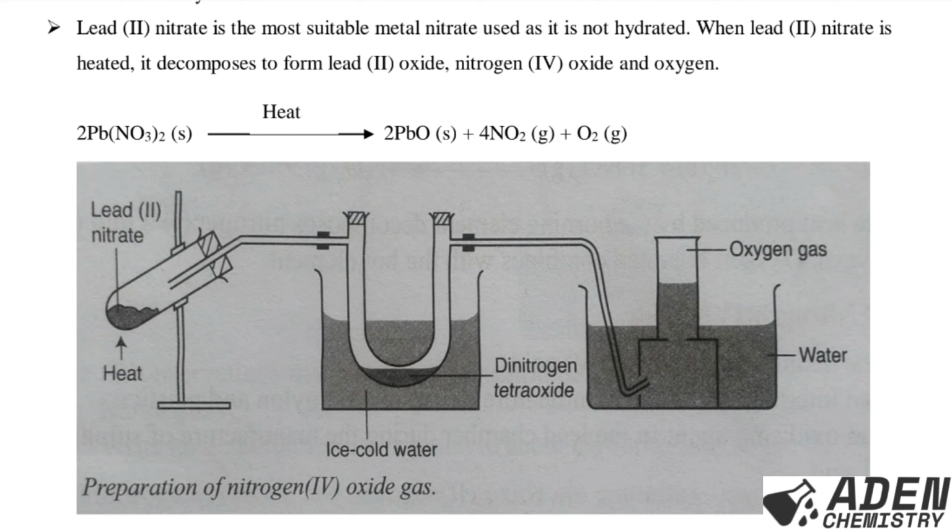When the mixture of nitrogen peroxide gas and oxygen gas passes through the freezing mixture or the ice-cooled water, nitrogen peroxide is condensed and forms dinitrogen tetraoxide, while oxygen goes on and is collected by the over water method, as oxygen is only slightly soluble in water. That's how the gas mixture is separated.